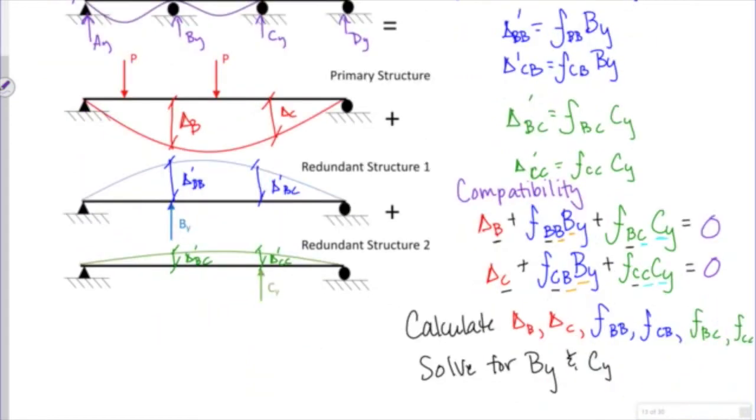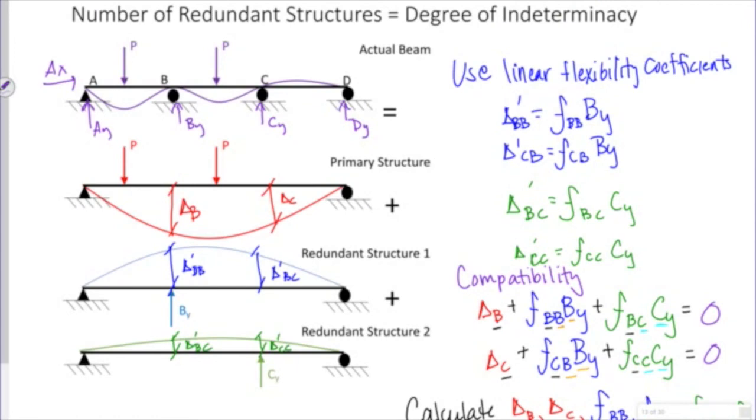So I can take any of my reactions as my redundant force and create a redundant structure from it. And the number of redundant structures that I need is based on my degree of indeterminacy. And that's where you start to get into solving multiple equations with multiple unknowns.